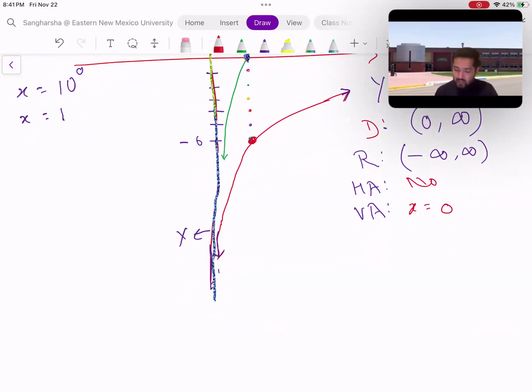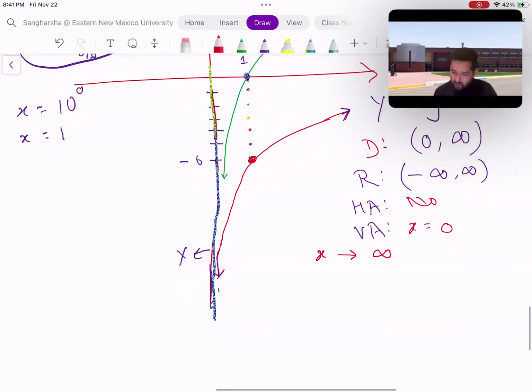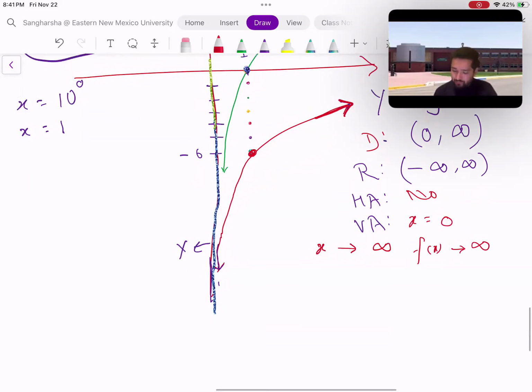Now let's write the end behavior. As x goes to positive infinity, our function f of x, as we go all the way to the right, our y value also goes to positive infinity.